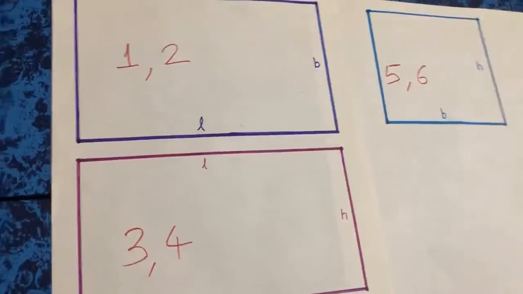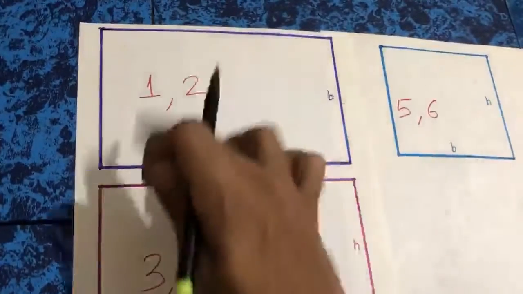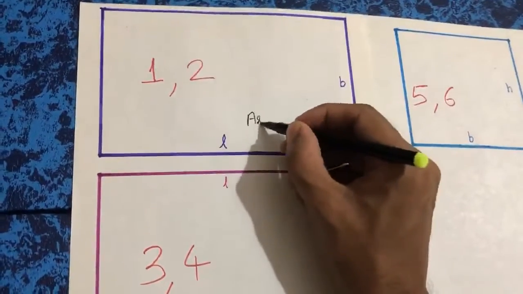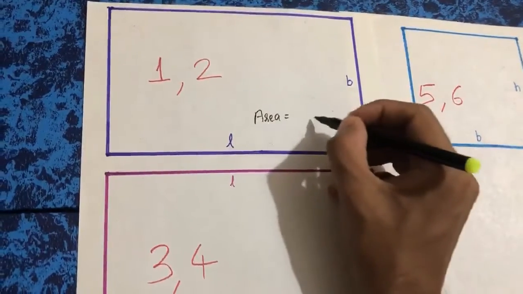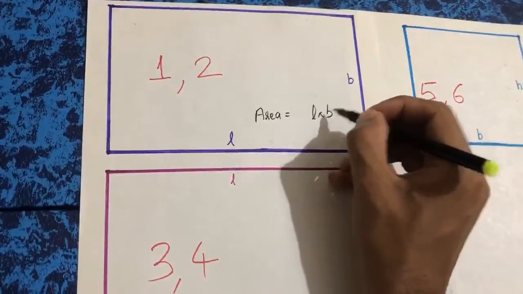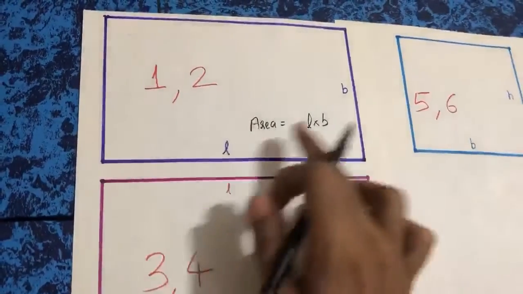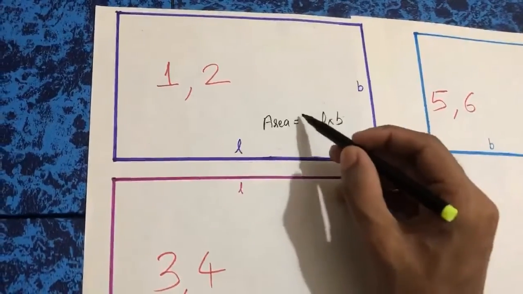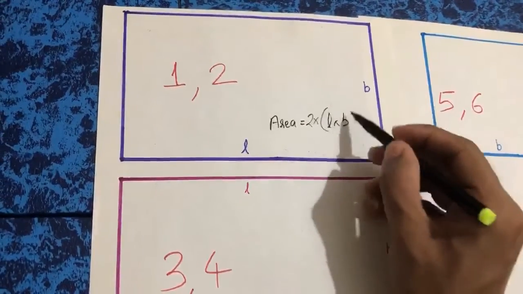Total surface area. The area of this rectangle is L into B. But we see that this same area is there for two faces, two rectangles, so I'll double it, multiplied by 2.